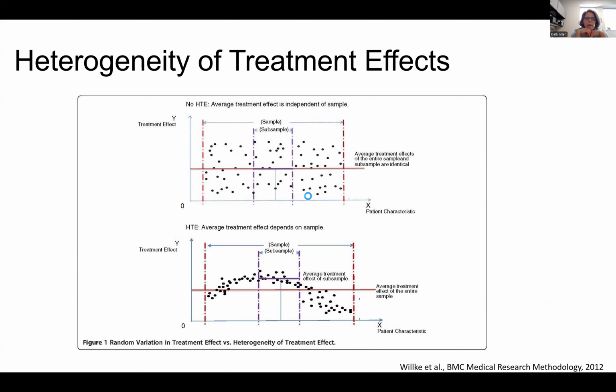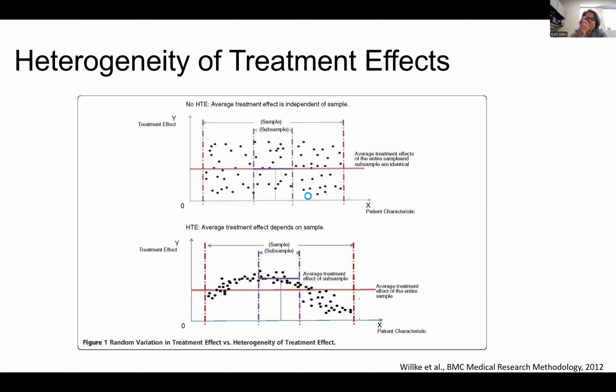Okay. That's probably atypical. What is more typical is something like we see on the bottom. It may not look exactly like this pattern, but what we see is some different impacts of the treatment across levels of patient characteristic X. So here we have the same average treatment effect in the middle compared to the top graph.